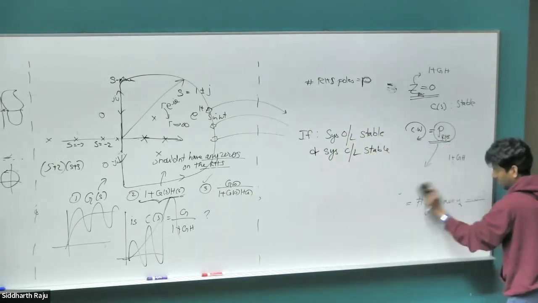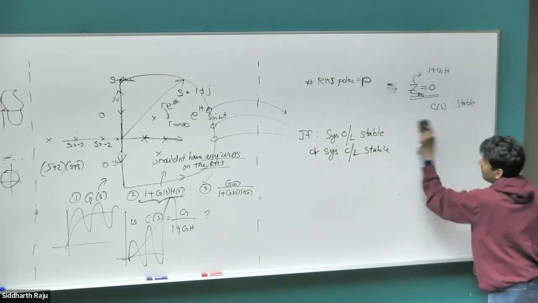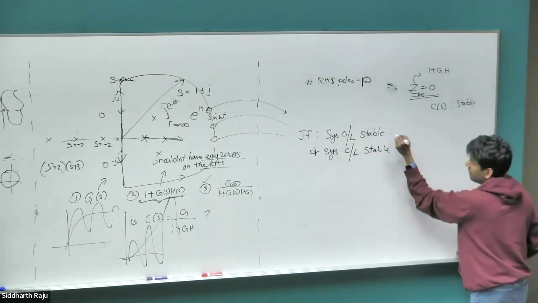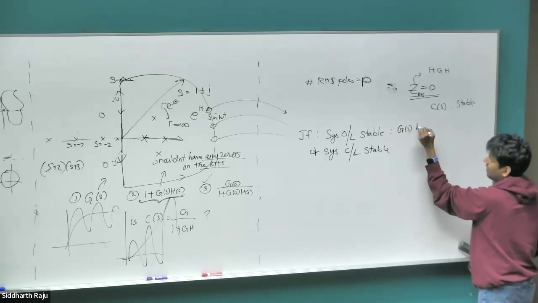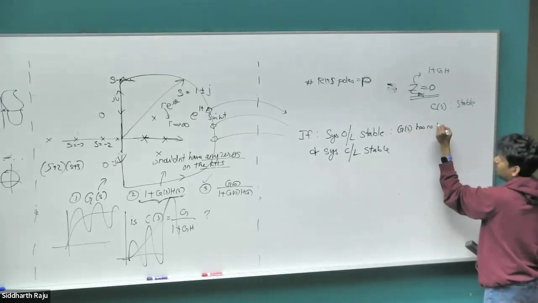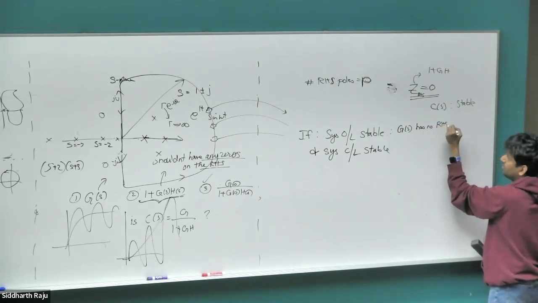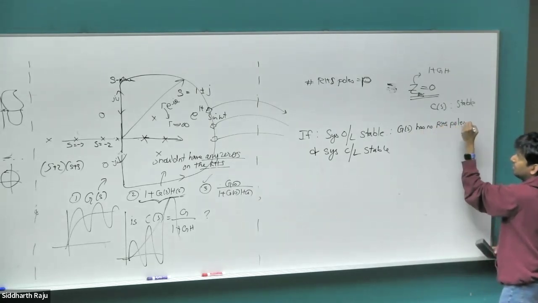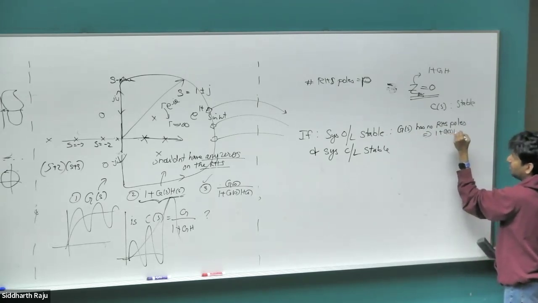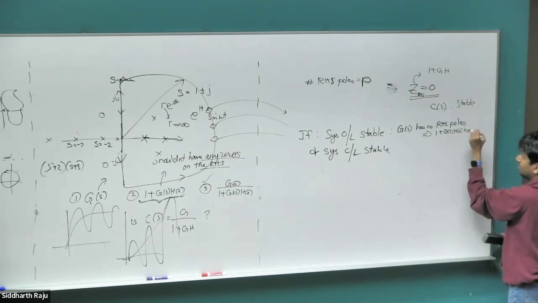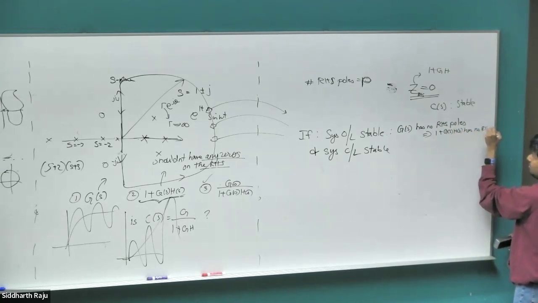So what does open loop stable mean? If our system is open loop stable, then G of S has no RHS poles, which also implies 1 plus G of S H of S has no RHS poles.